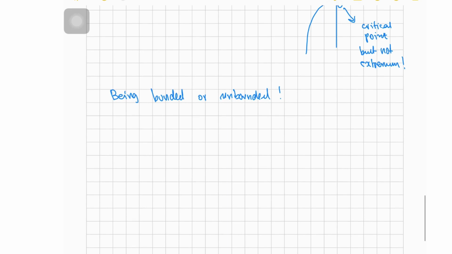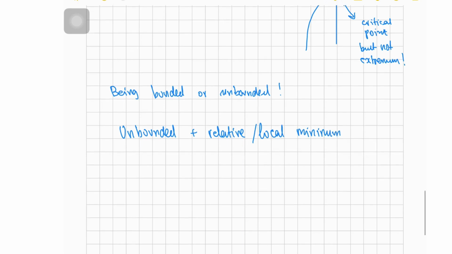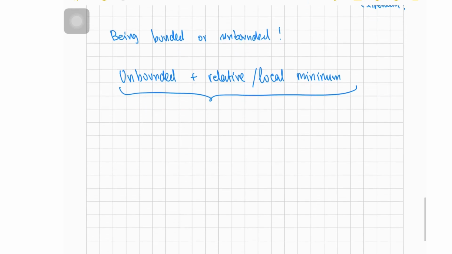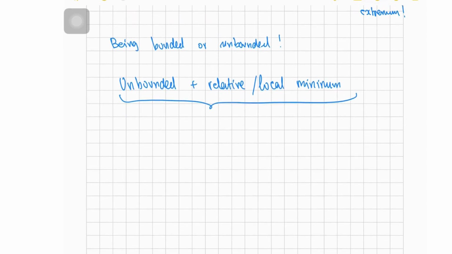Of course, the function might be unbounded and can have a relative or local minimum. I will just put this example, and then you can think about unbounded functions and local maxima and so on. So you can modify the function x cubed.